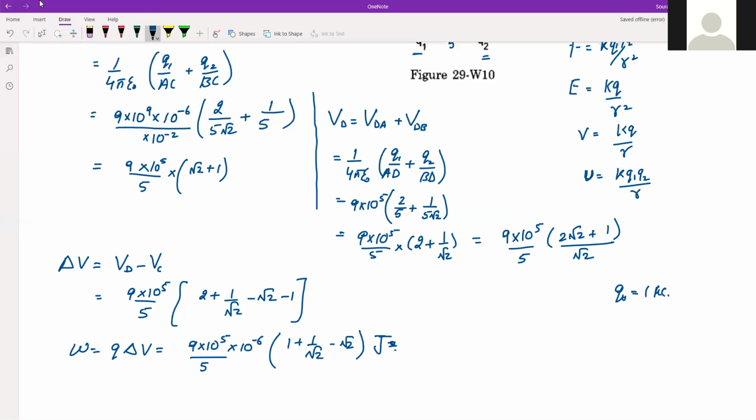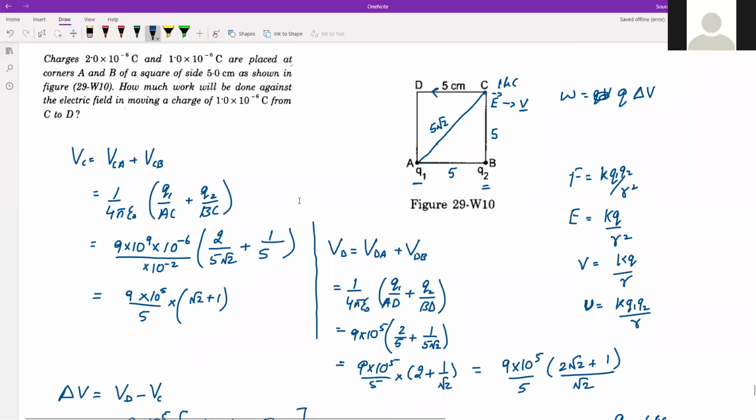So the point which we have to note here in this problem is, we had two charges given, and due to these two charges there will be some potential here. That potential is VC. Due to these two charges, there will be some potential here. That potential is VD.